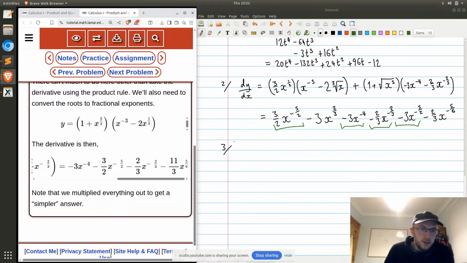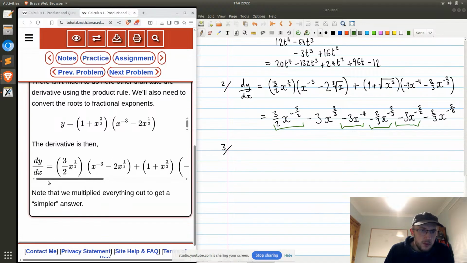I hope so. Oh no, beg your pardon. That's a third. And a third and a half is actually 5 over 6. Of course it is. It's always the arithmetic.